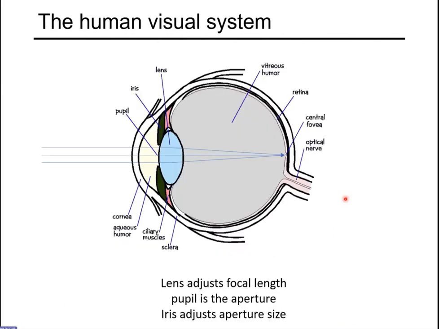And for humans, this is our eye and its structure. We have a lens. The lens can adjust the focal length, and we have a pupil. The pupil, in fact, is the aperture. And the aperture is controlled by the iris. So our human eye is very similar to a camera, and the film is the retina.